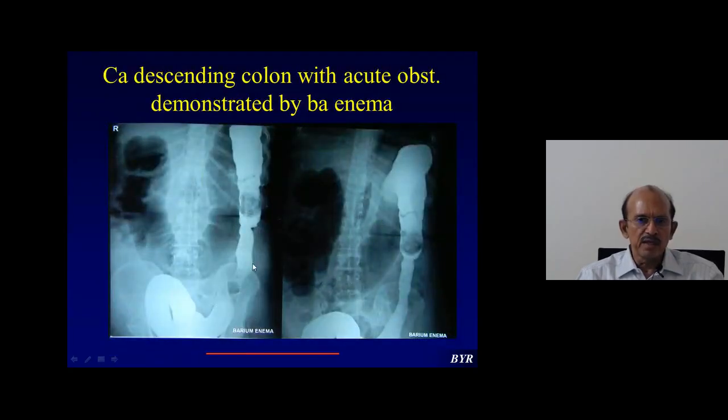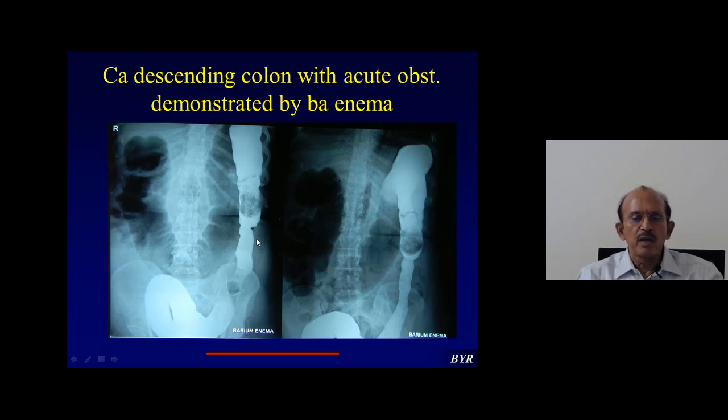This is one of our patients. She came with acute on chronic obstruction. She was having constipation for the past 3 or 4 months. All of a sudden, she developed distension and severe pain and constipation, absolute constipation. So I suspected colonic obstruction. I took a plain X-ray abdomen.